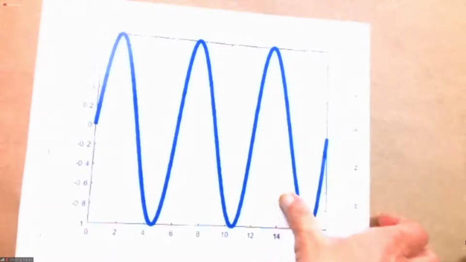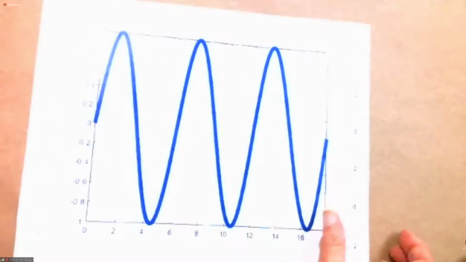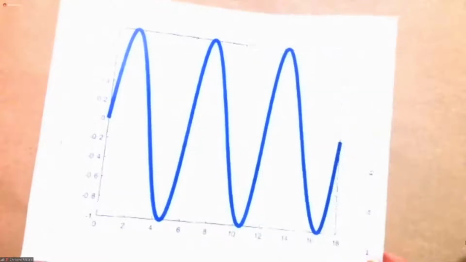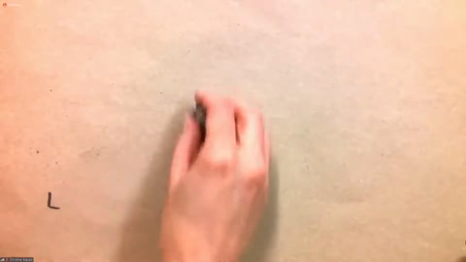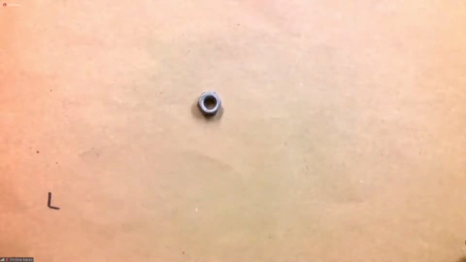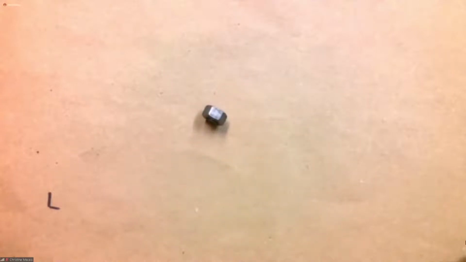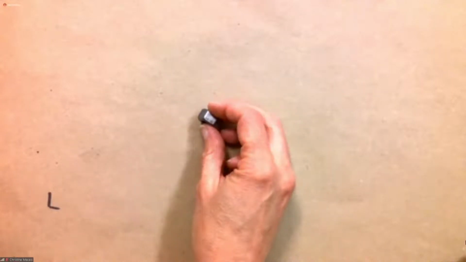Okay. So before we can study a pendulum, you actually have to build a pendulum. So that's what we're going to do first. And what I would like you to do is take out one of the hex nuts or one of the weights that you gathered for tonight's event or today's event.